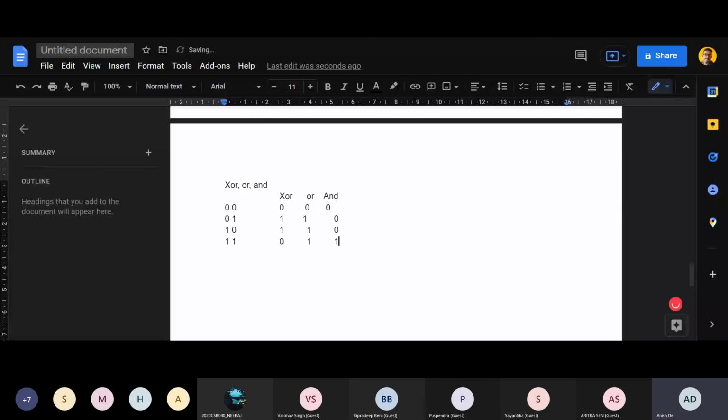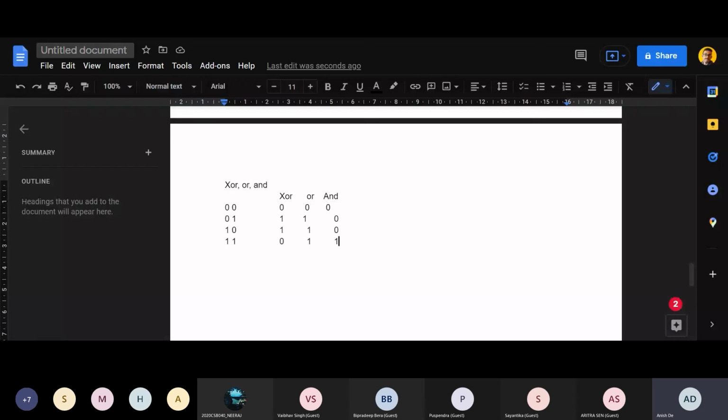Okay. So basically XOR counts the parity of the number of ones in the numbers we're comparing. When we have an odd number of ones, XOR is 1. When we have an even number of ones, XOR is 0. And for OR, when there is at least a single one, the output will be 1.